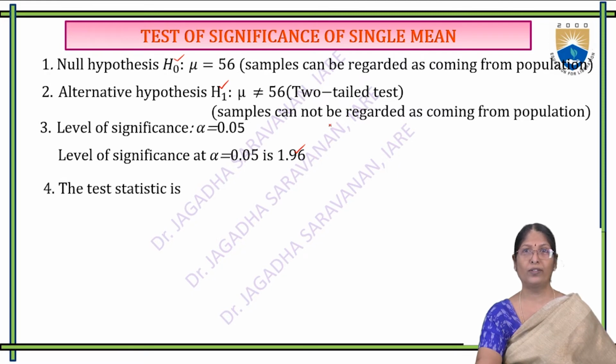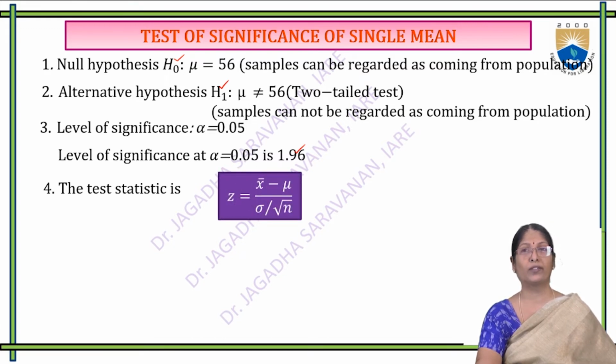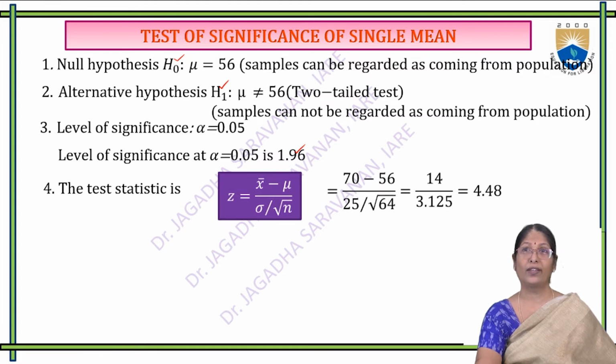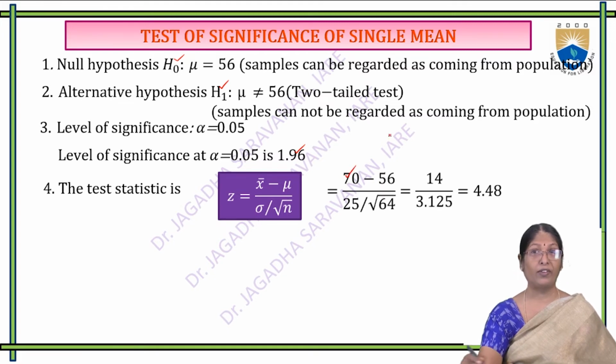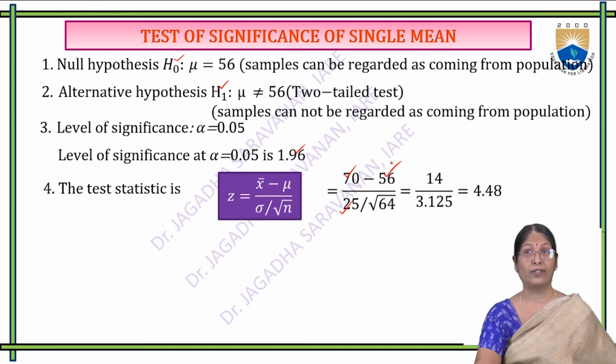The fourth point, since all the problems have 5 points, is the test statistic: x bar minus mu divided by sigma by root n. Now we have to substitute the values: x bar 70, mu 56, sigma 25, small n, the sample size, 64.